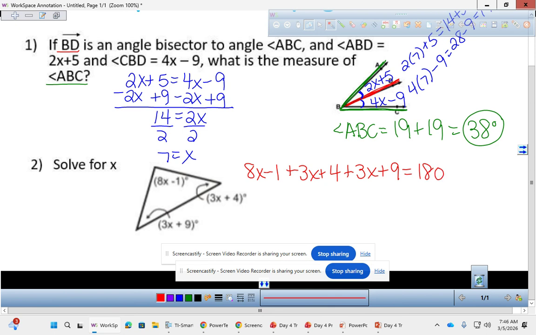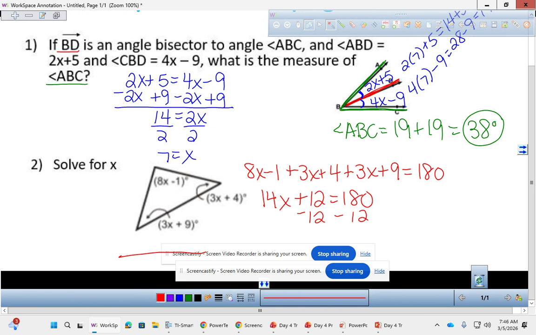So we've got to combine our like terms first. We get 14x, and then 9 minus 1 is 8, 8 plus 12, equals 180. We're just working through and solving for x by combining our like terms.